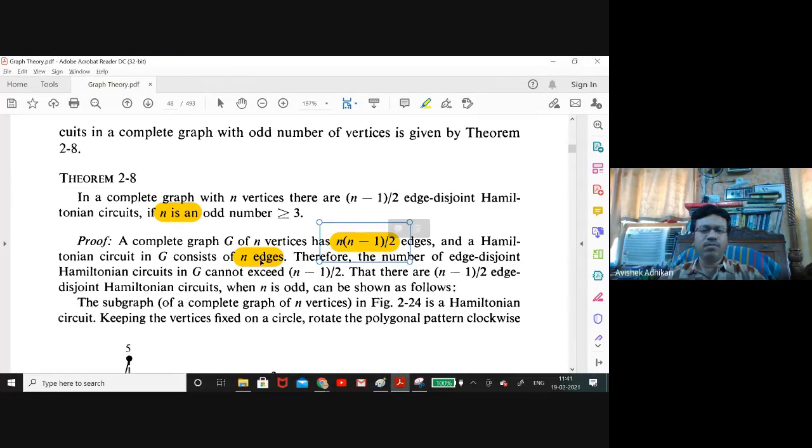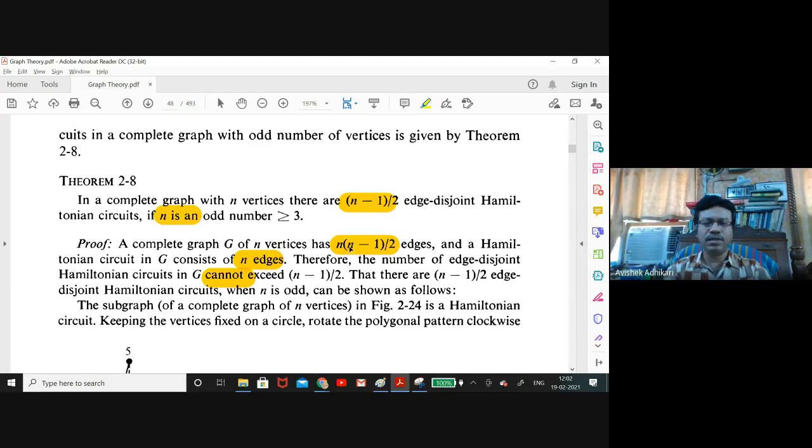And we want edge disjoint, so no edge will be common to any two Hamiltonian circuits. As a result, just divide by n, and that is the maximum number it could have, so it cannot exceed (n minus 1)/2 Hamiltonian circuits. That is important. You may not have that many, but you cannot have more than this, because otherwise you will have a shortage of edges.